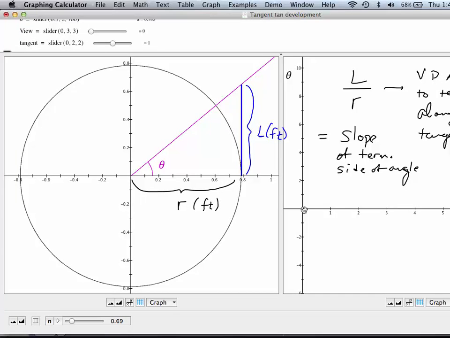So there's two ways to look at this function, its output. And we call that, because it's this vertical distance along the 3 o'clock tangent line, the name of the function is tangent.